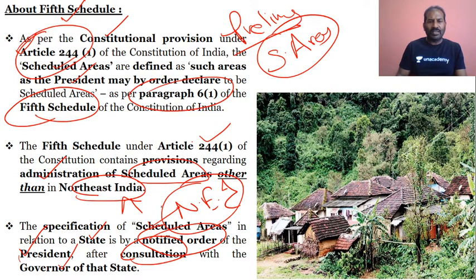The importance is that an area, for example, would be notified as a scheduled area only by the presidential order. The president will issue the order, and then the president will consult the governor. This point is very important again for prelims.